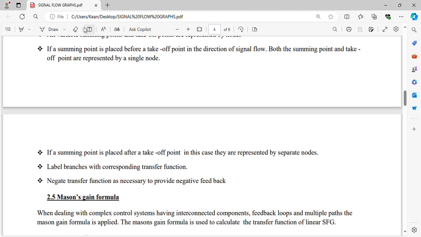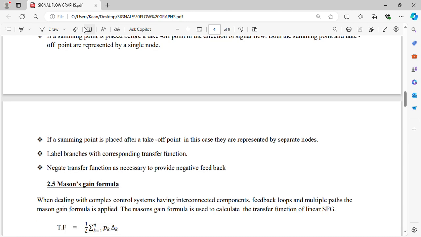But in the case where the summing point is placed after the takeoff point, they are represented by separate nodes. This is because there is a change in the output from the takeoff point, and we do not want any change as a result of movement.